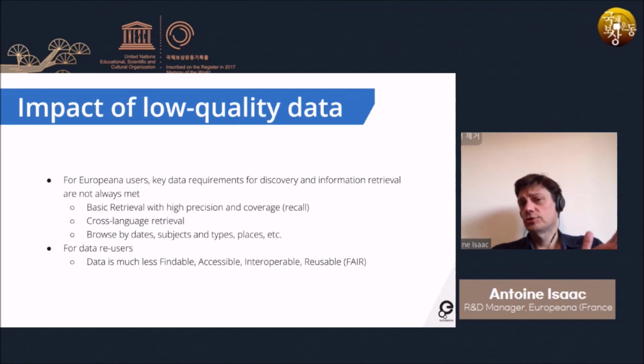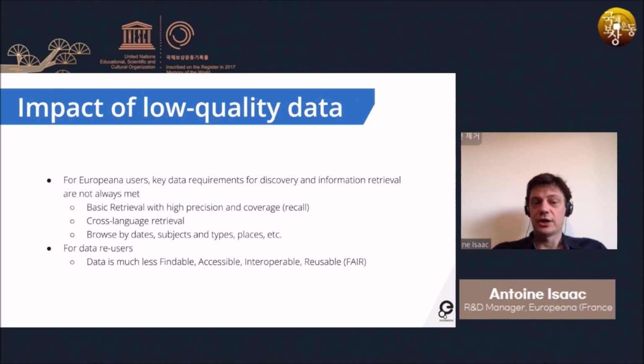And of course, those three very broad areas where we have problems mean that there is an impact for the Europeana users. For the end users of the portal, we have key requirements for good discovery, for good information retrieval on the website, which are not met. So it's hard sometimes to enable scenarios like just basic search and retrieval of objects with high precision.